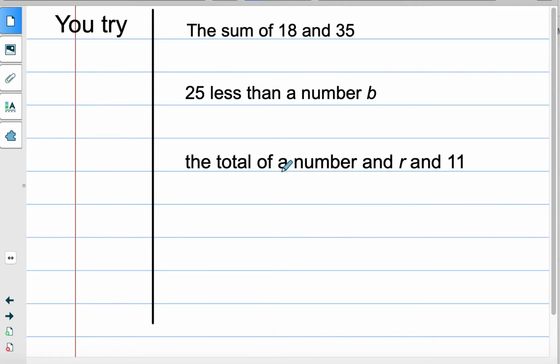Now you try again. Try 3 more. Come back when you are done. Sum means add. So this is a numerical. And we have 18 plus 35. 25 less than a number b, less than b, so b minus 25.